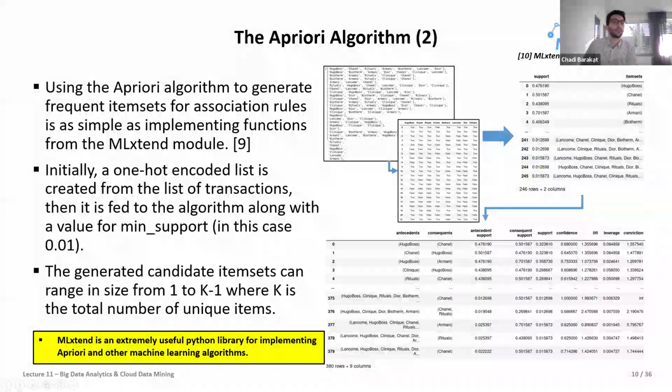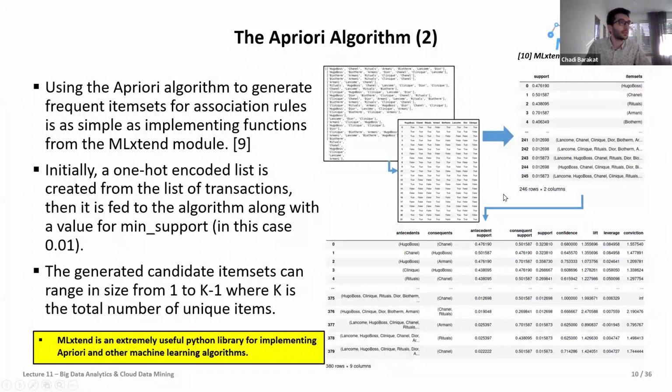So generating these frequent item sets, and here, for example, we have an output from our approach. These item sets are then used to build a one-hot encoded matrix where the relationship of every item with every other item is compared as a binary relationship.